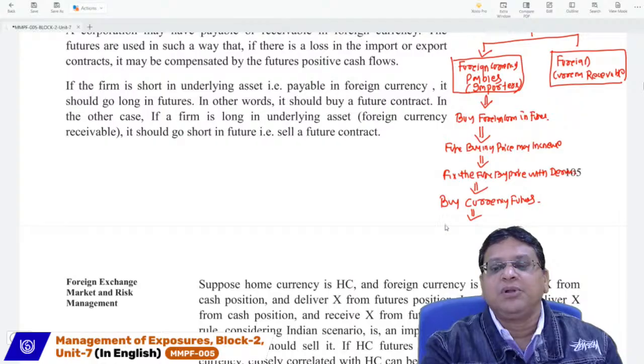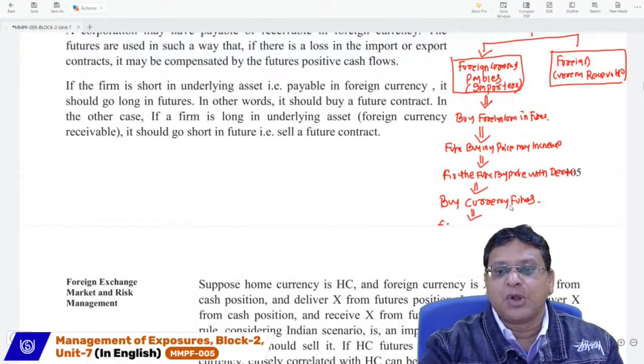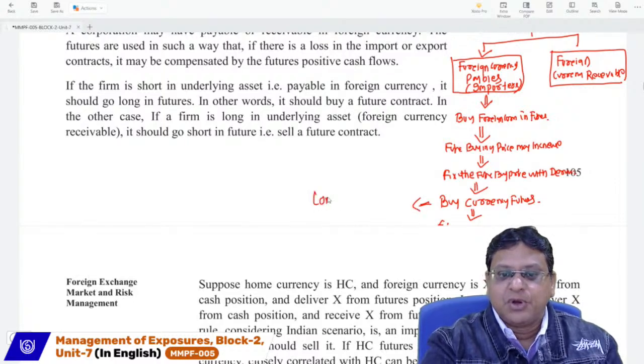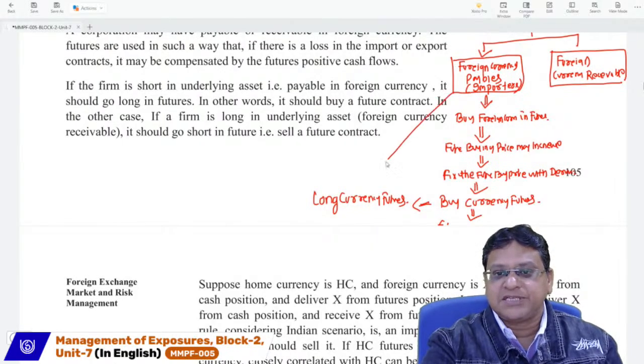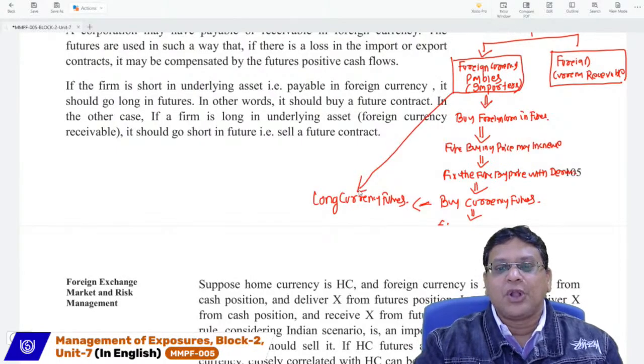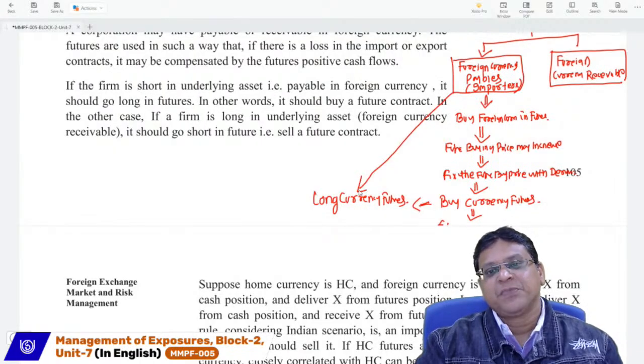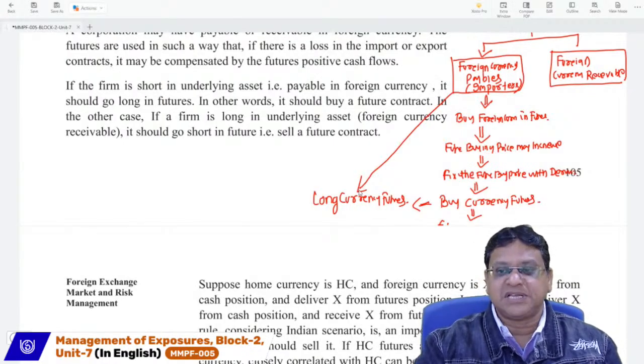Buy means, I have told, buy means long. So he will be long on currency futures. What strategy he will adopt? He will adopt long currency futures strategy. So if a person has foreign currency payable, he will go for long currency futures to reduce his risk. Okay, so he will buy currency futures to reduce the transaction risk.